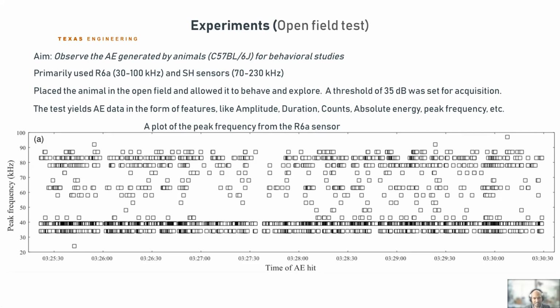Whenever the animal moved, even with a small movement, there were waves, and these wave packets have been discretized so that each wave packet corresponds to a particular movement, even the smallest, subtlest one lasting a fraction of a second, even a microsecond or so. That wave packet's peak frequency is plotted here. So even the smallest, tiniest movement, which cannot even be captured with the camera, actually resulted in a wave, and you are seeing that.